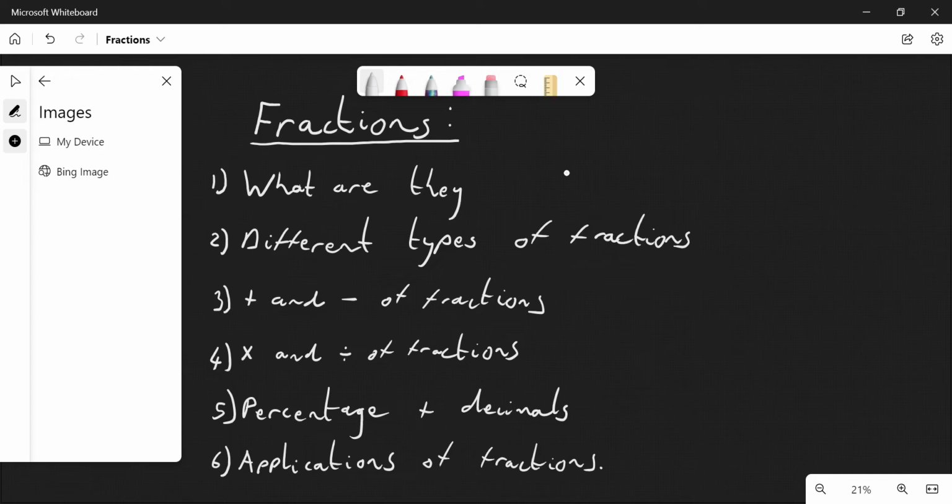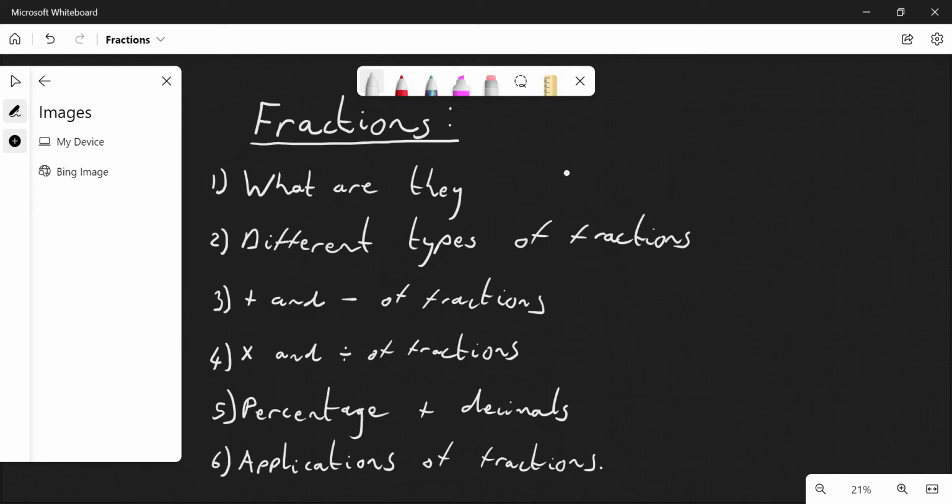These two are very, very important. If anything, these are the most important part of these videos, because this is the key part of the application. When you hit grade 10, 11, 12, university, you're going to have to have an innate understanding of these rules, because you're going to find fractions in different forms in algebra, in geometry, and you need to know these rules, what to do, what not to do, etc. And then we'll cover percentages and decimals, and then finally applications of fractions.